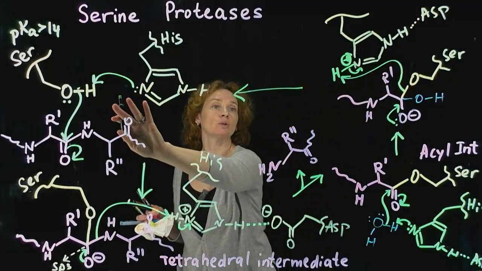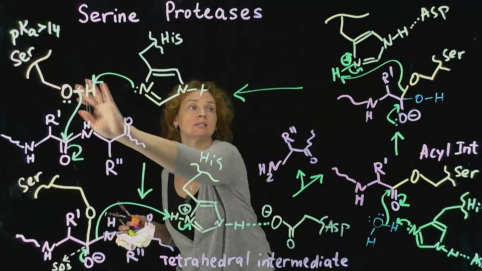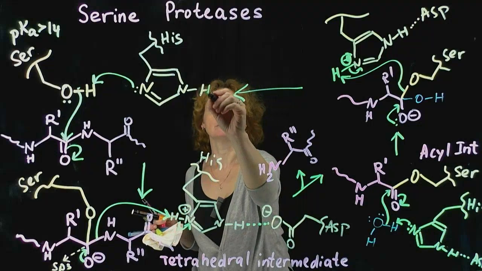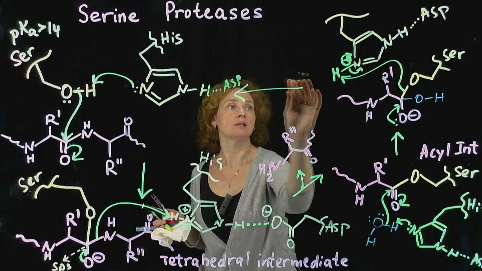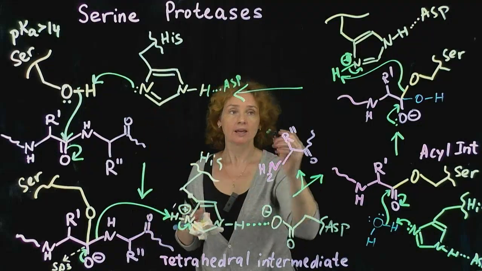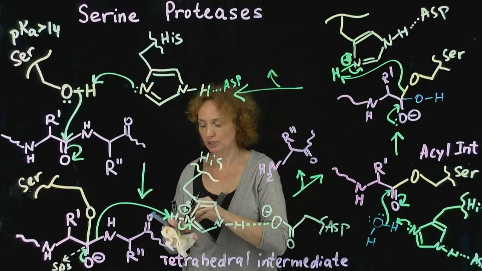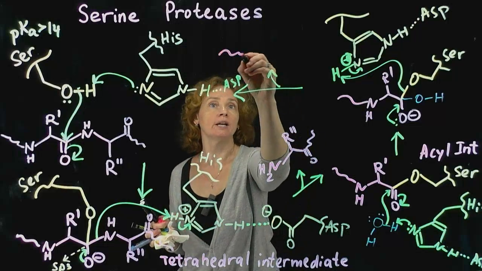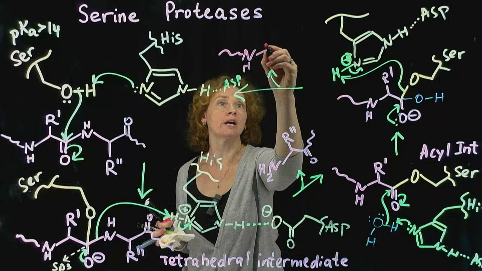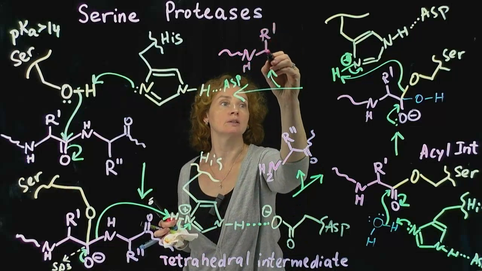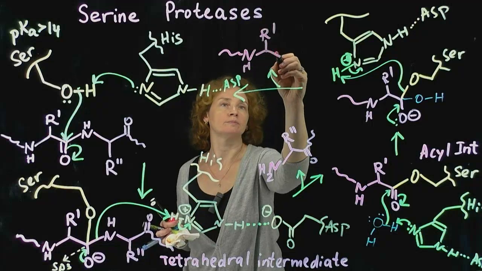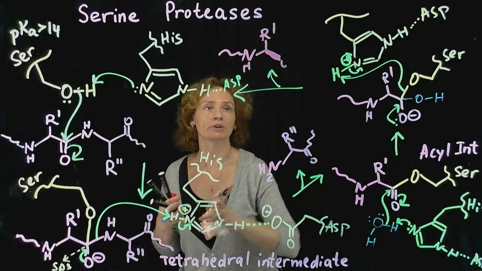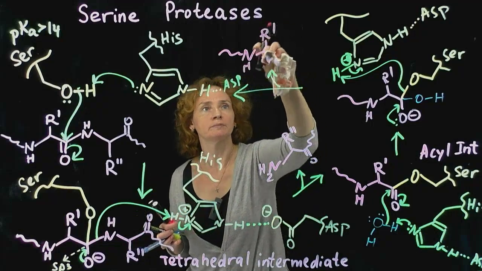So serine will go back to its original protonated state. Histidine will be back to its basic form, and we are able to release our second product, which will be finally the N-terminal fragment of the original peptide.